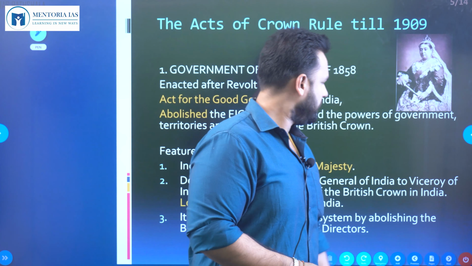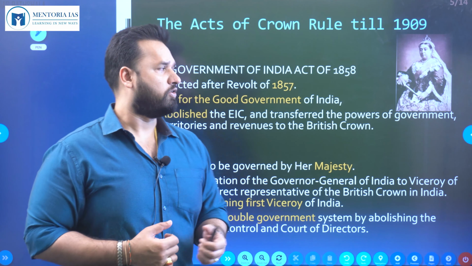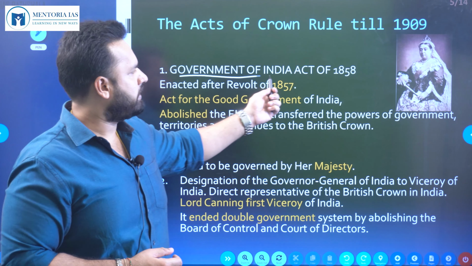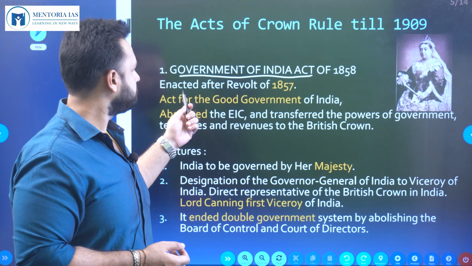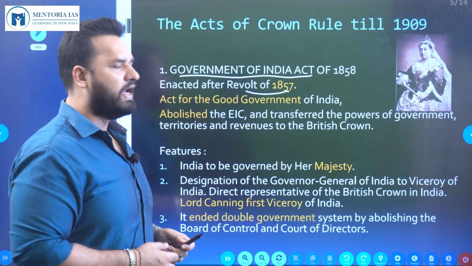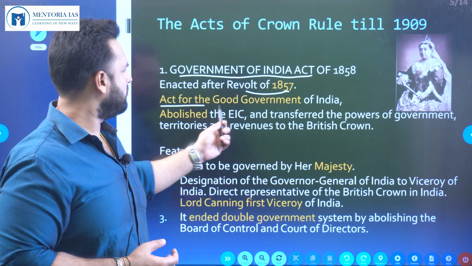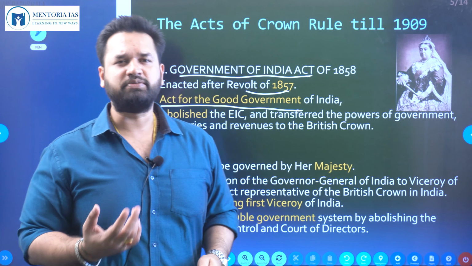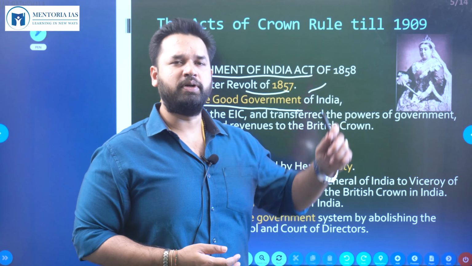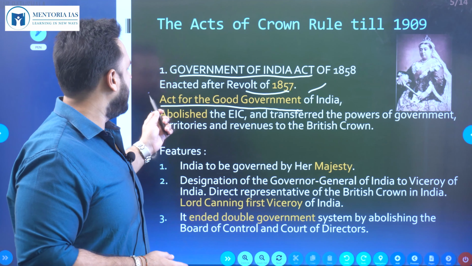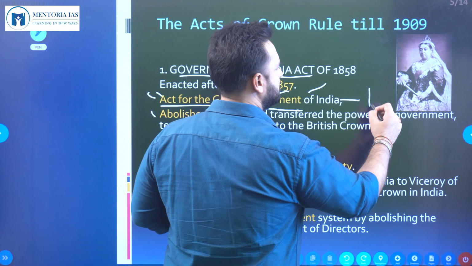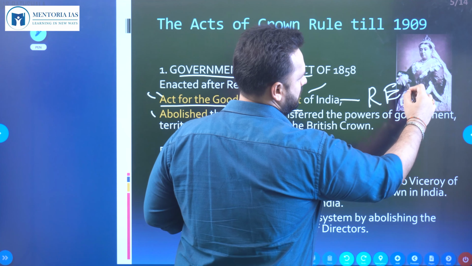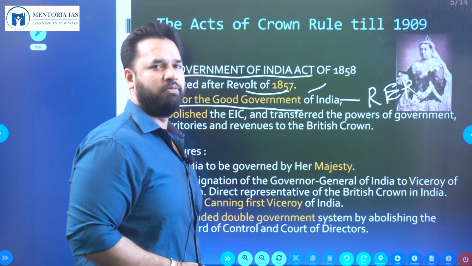Okay, let's come back to the topic. The Government of India Act 1858 was passed after the 1857 revolt, and it was called the Act for the Good Government of India. What is good government? Does it mean before it was a bad government? No. Here the Act of Good Government means, the Britishers meant, a representative government.